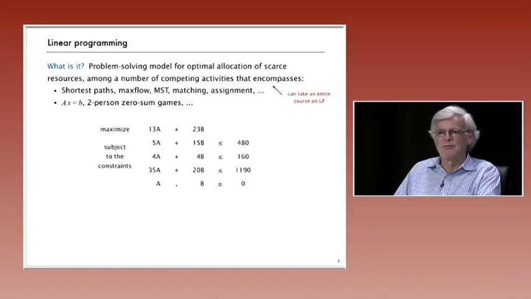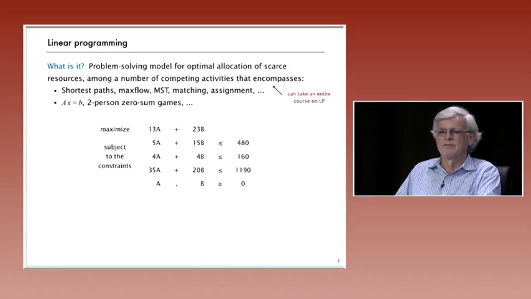So we talked about shortest paths and Max Flow as problem-solving models. Linear programming is a general problem-solving model that works in a lot of contexts. So shortest path, max flow, that's finding the minimum, the maximum of some kind of quantity.